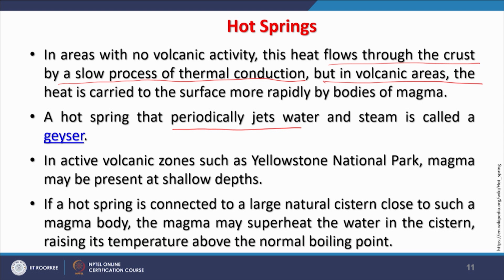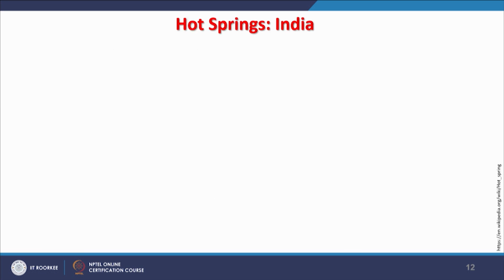This is what happens when magma is not very deep, but quite close or in the bottom part of the crust. And in volcanic areas definitely such scenarios are very much possible.